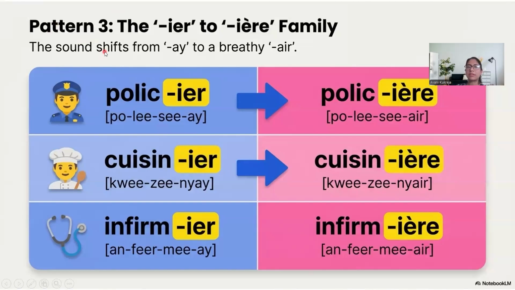The third pattern is when a profession ends with ier, we change it to ière, with an accent grave, and we add e to make it feminine. For instance, police in French is policier. Feminine will become policière.